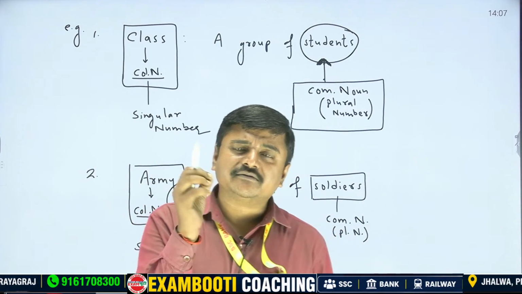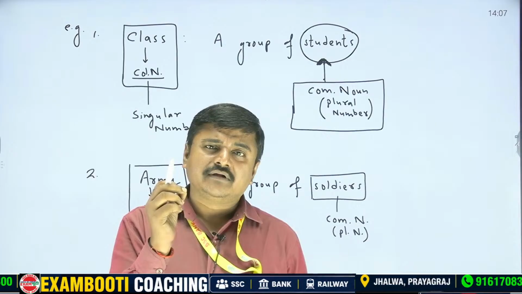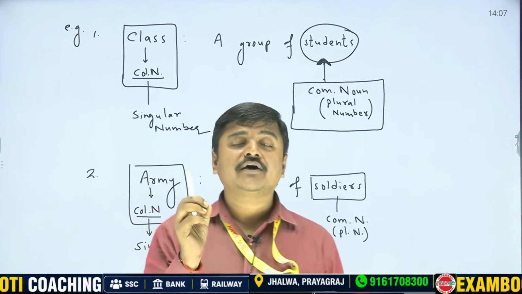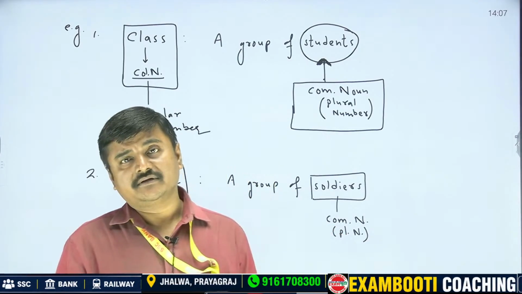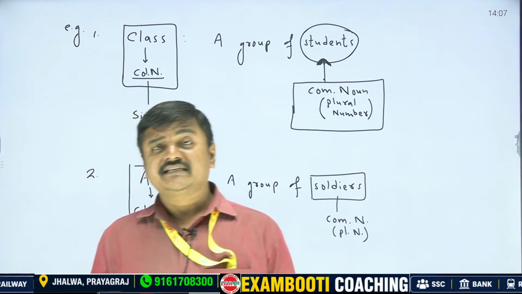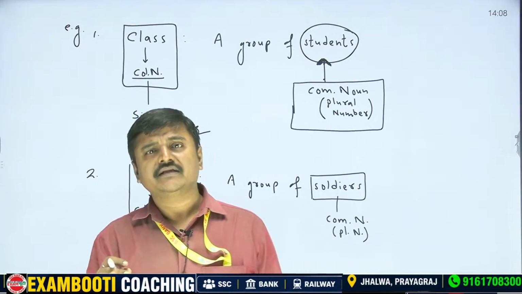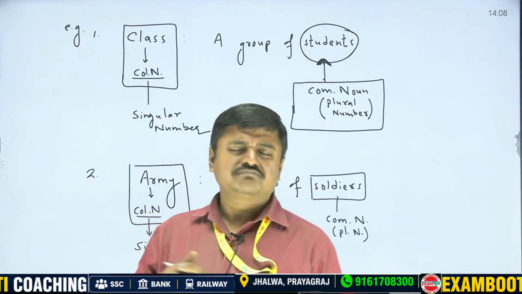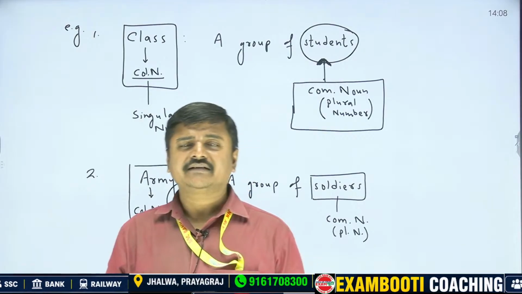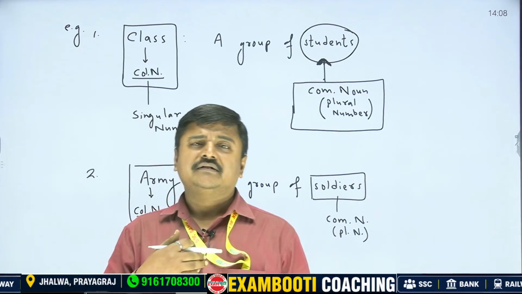We use the term cattle, and there is no singular of this word cattle. It is already plural. Similarly, if we say a group of persons, there is actually more than one word for that. Crowd, mob, people.